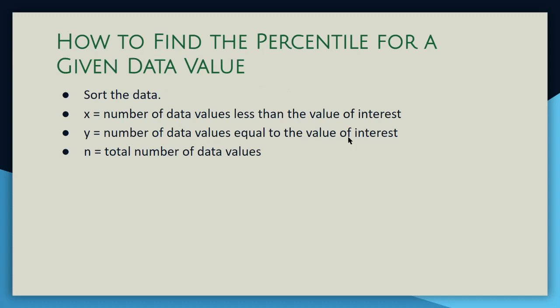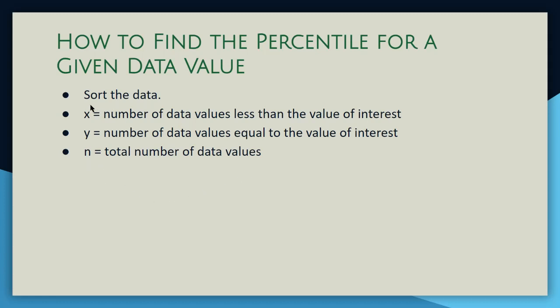So this is how we're going to deal with any repeats in the list. If the number of interest, that given data value, only occurs once, y is 1. If that data value repeats twice, y is 2, and so on. The last is n, which represents the total number of data values.